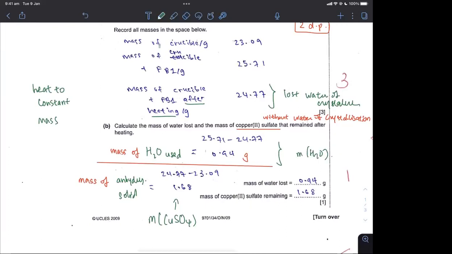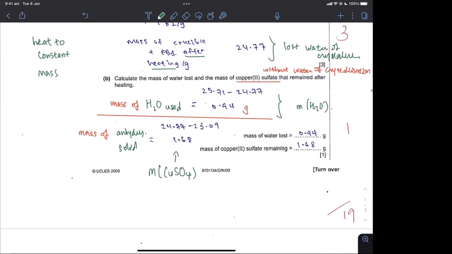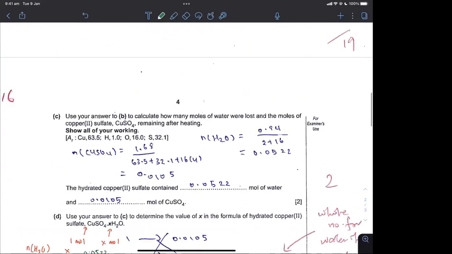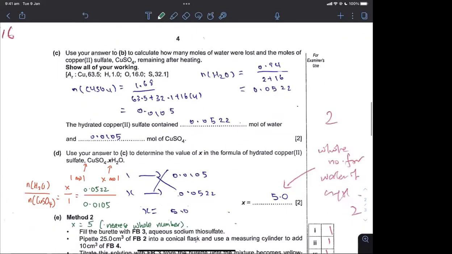The whole idea of these questions was basically gravimetric analysis. I think this was not what came out in the paper 3.3, but the idea is going to be the same. As long as it's gravimetric, you compare masses, and then because you have CuSO4, 1 mole of CuSO4 is to X mole of H2O. So the mole of H2O to the mole of CuSO4 is equal to X over 1.